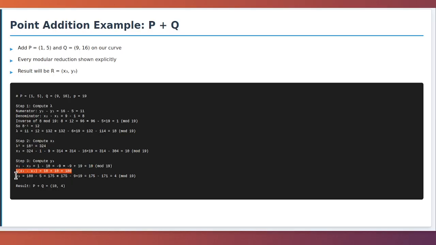Then 180 minus 5 equals 175. Reducing 175 modulo 19: 175 divided by 19 equals 9 with remainder. So 175 minus 9 times 19 equals 175 minus 171 equals 4. Therefore, the result of P plus Q is the point (10, 4).